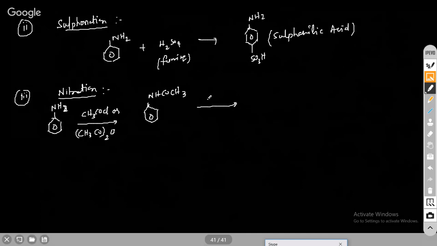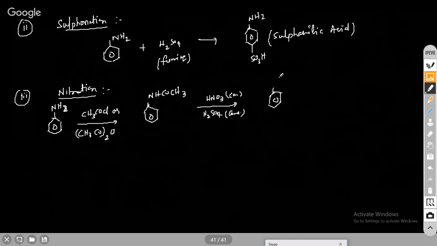And when this reacts with conc HNO3 and conc H2SO4, both concentrated. See, if you use this directly, then we'll get 2,4,6-trinitroaniline, NO2, NO2, NO2 here. But when we preserve the NH2 here, then we'll get ortho and para substituted product.